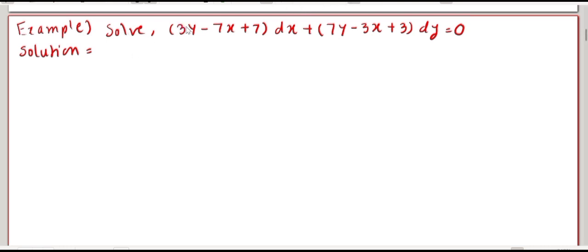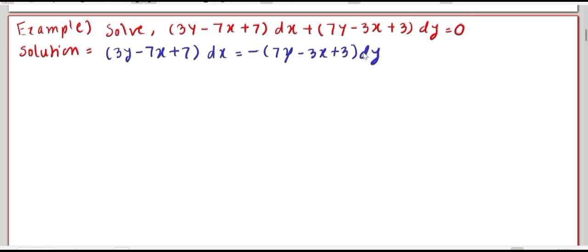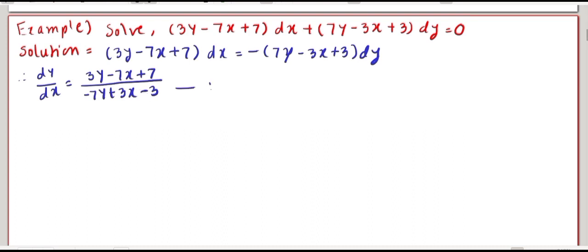The given equation can be written as 3y minus 7x plus 7 dx is equal to minus 7y minus 3x plus 3 dy. From this we get dy by dx is equal to 3y minus 7x plus 7 divided by minus 7y plus 3x minus 3, equation number 1.